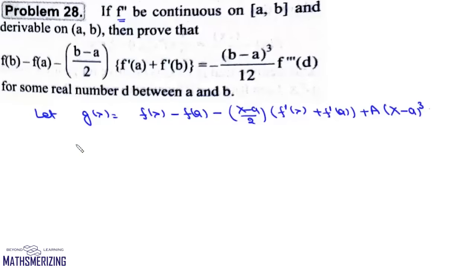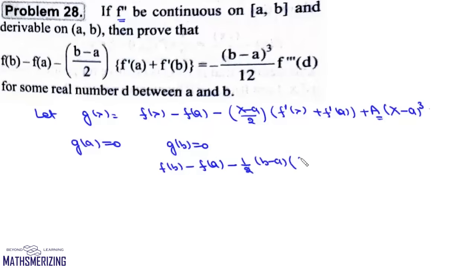Now if we put x as a, we'll get g(a) = 0, and we'll choose this value A such that g(b) is also 0. Now if we put x as b, we'll get f(b) - f(a) - 1/2 (b - a)[f'(b) + f'(a)] + A (b - a)^3, and it'll be equal to 0, which is similar to the expression that we need to prove.